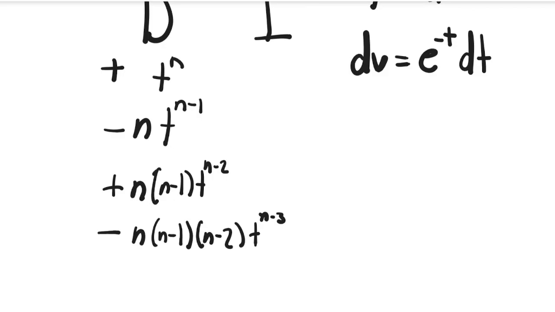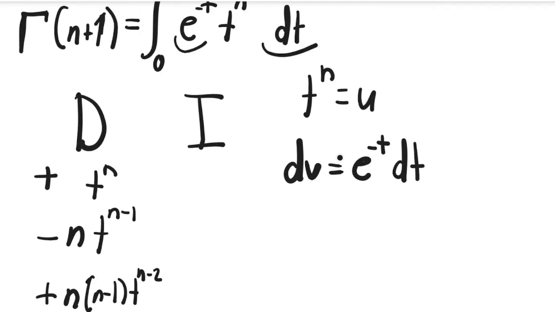Now, what about the integral part of this? If you have that your dv is equal to e to minus t dt, here you write e to minus t dt, and we integrate this with respect to t, which gives minus e to minus t.